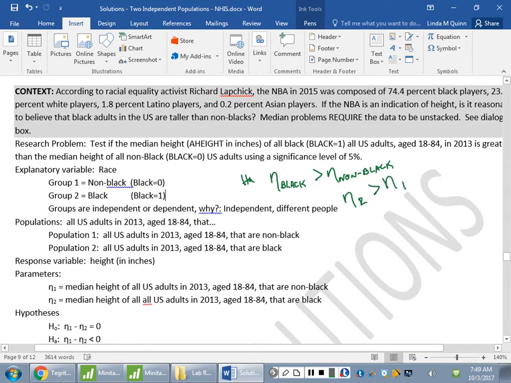Start doing some algebra here. I would get group 1 is less than group 2. Just flipping it around. Subtracting, so we get eta 1 minus eta 2 would be less than 0. Another way of thinking about this is non-black people have a median height less than black people. So that's what gives me my hypotheses down here.